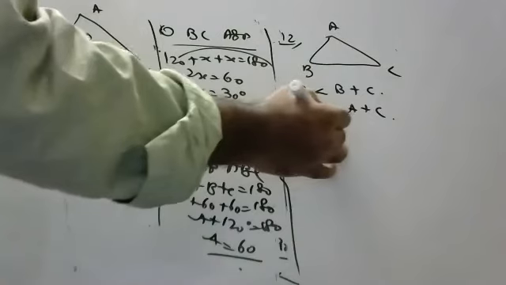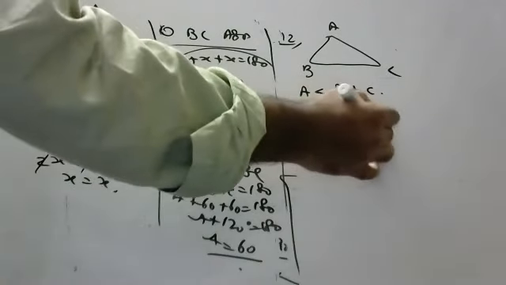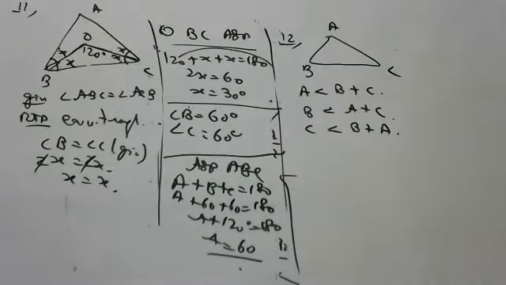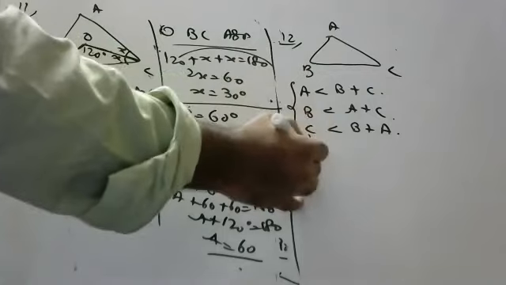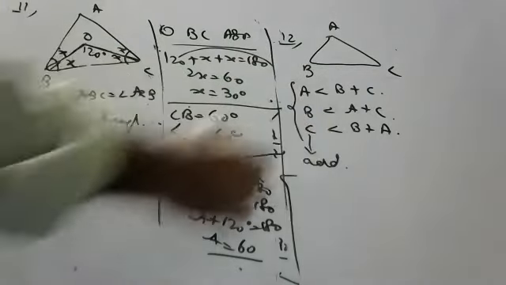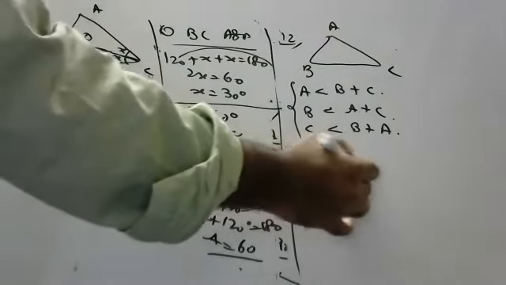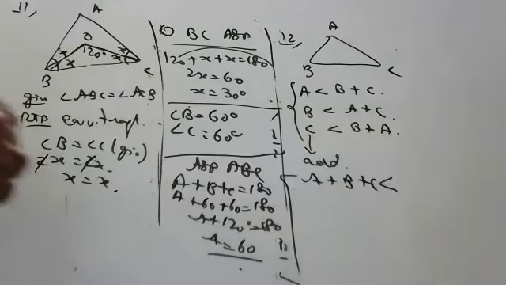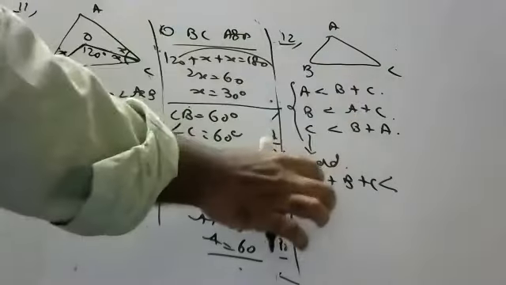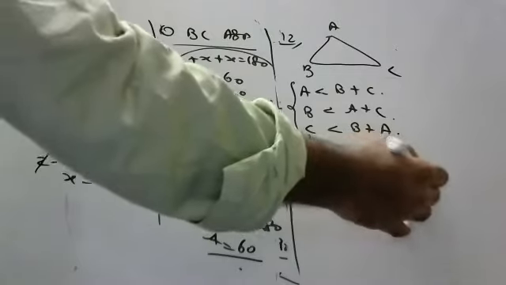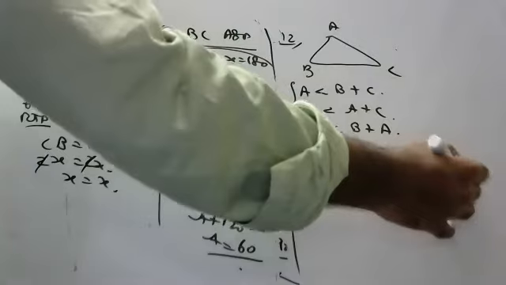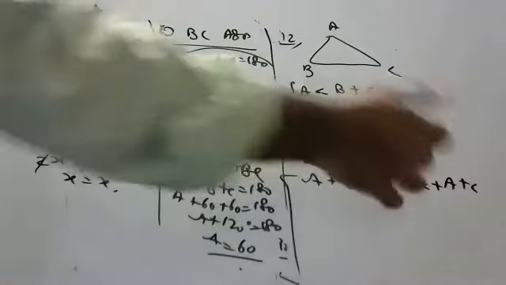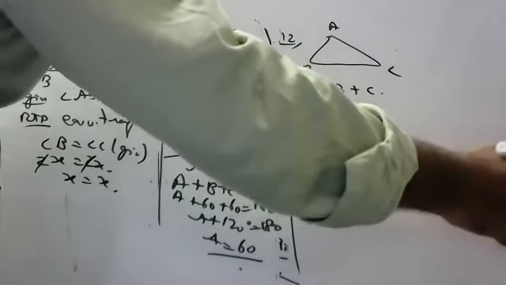So what we do is add them. A plus B plus C is less than, what is A? Instead of A, we can write B plus C. Instead of B, we can write A plus C. Instead of C, we can write A plus B.